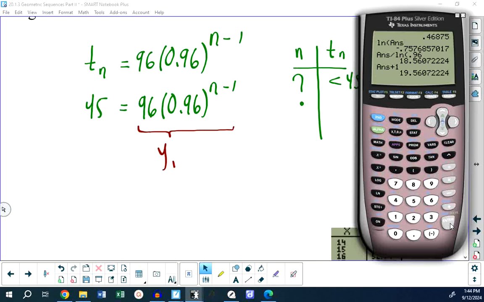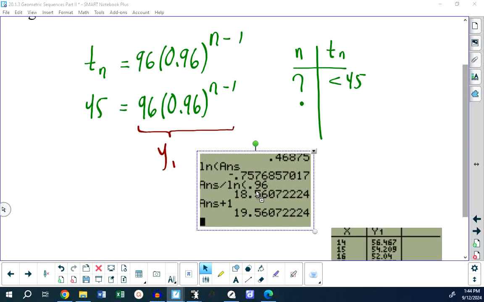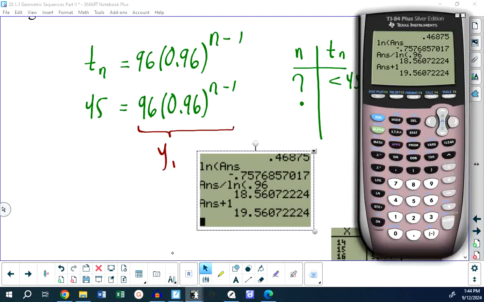If you use that number and you go 96 times 0.96 raised to, in brackets, that number minus 1, you get exactly 45, okay? If you could solve this algebraically and you get 19.56, you would say, I have to round it down. I'm not going to round it to the nearest number, which would take me to 20, because then it will be less than 45. So a little bit of reasoning there.